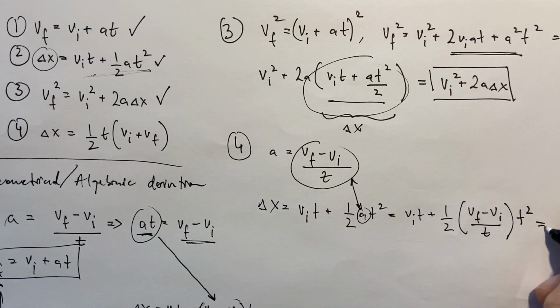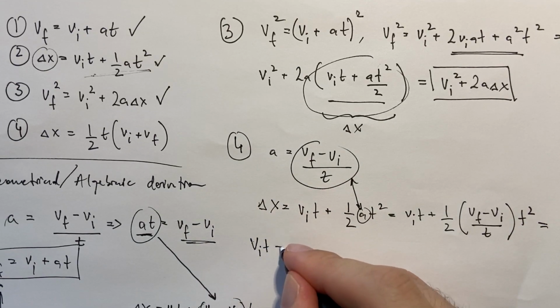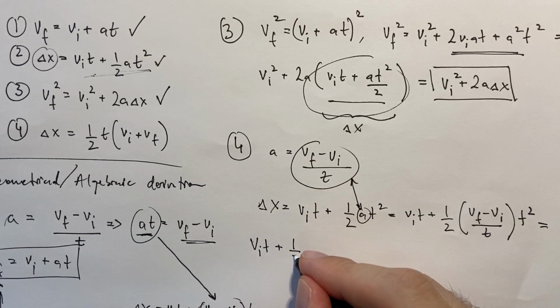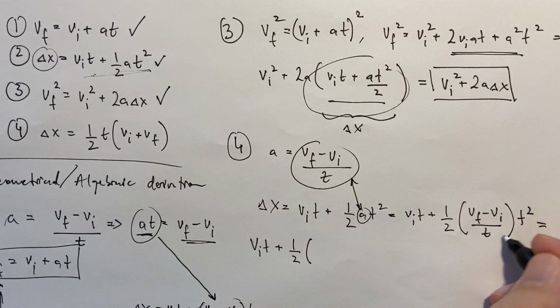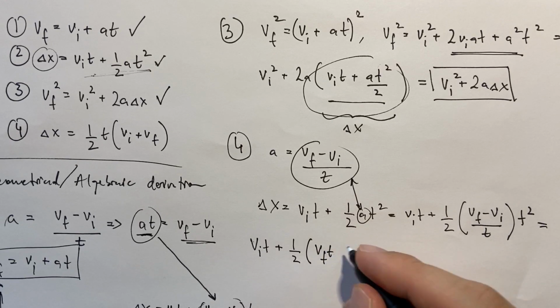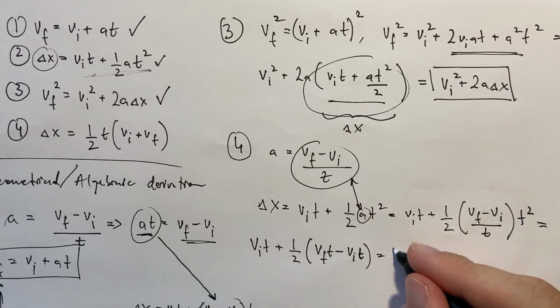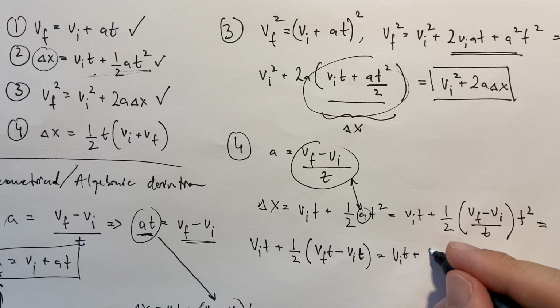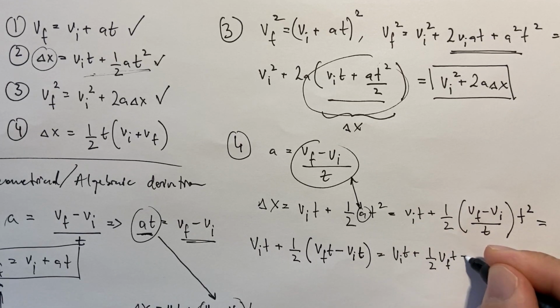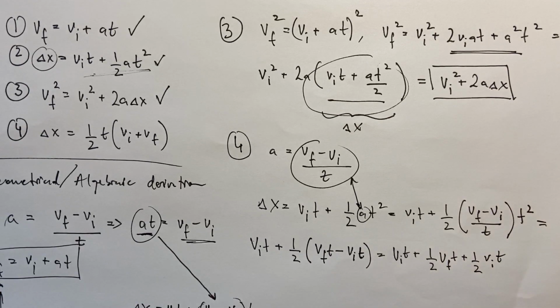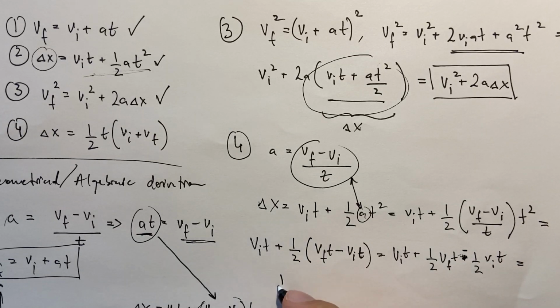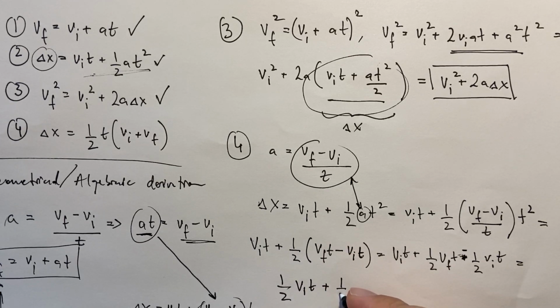Let's develop this. Well, it's vit plus half, let's put this within the parentheses, vft minus vit, which will give us vit plus half vft minus half vit, which will give us half vit plus half vft.